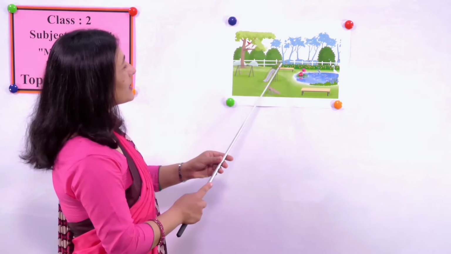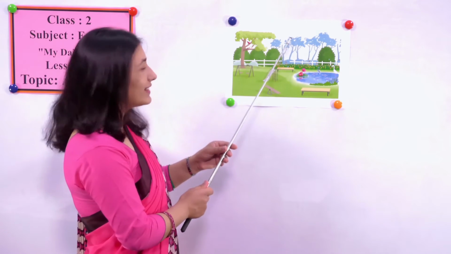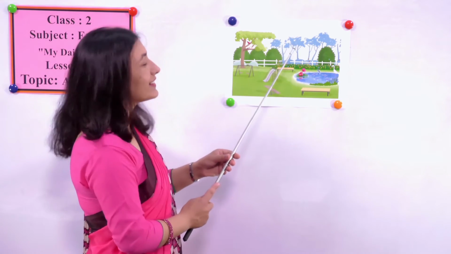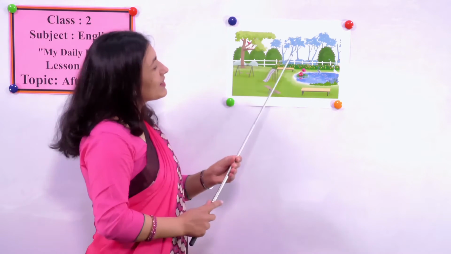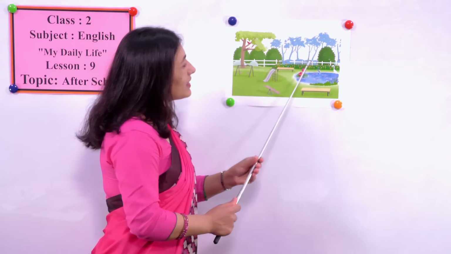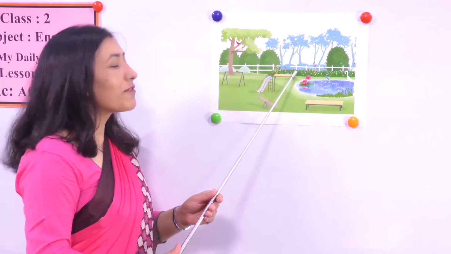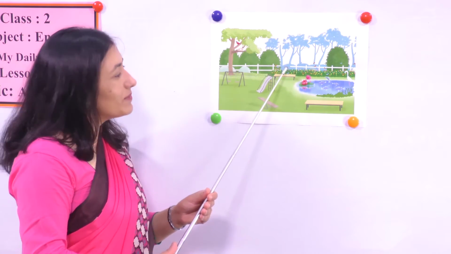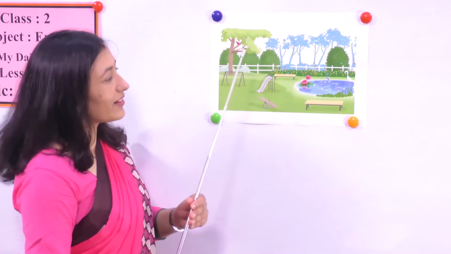And what do you see here? Flying. Are they birds? No. What are they? Yes, they are butterflies. And where are the butterflies? Flowers. Yes, they are on the flowers. Okay, all right.